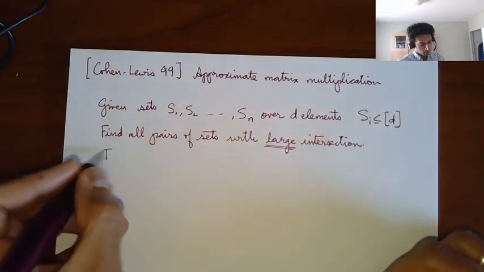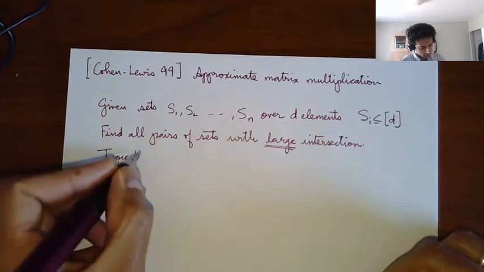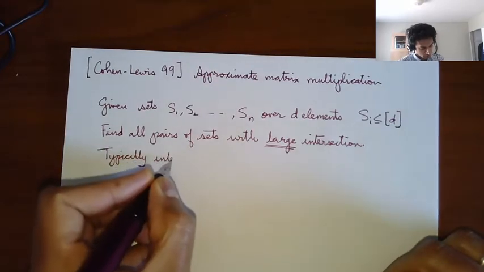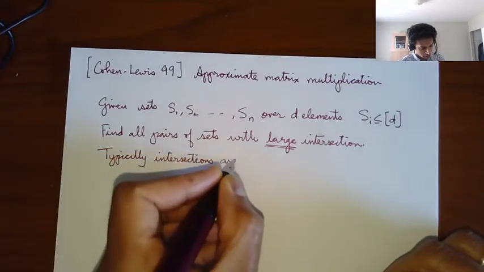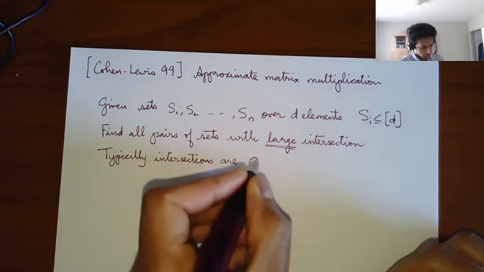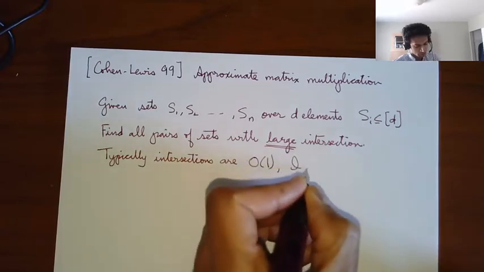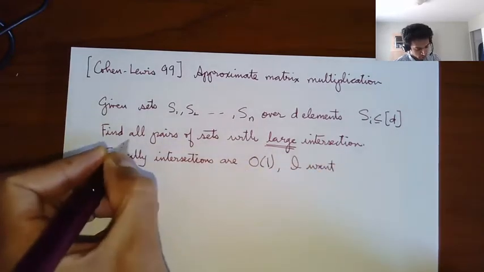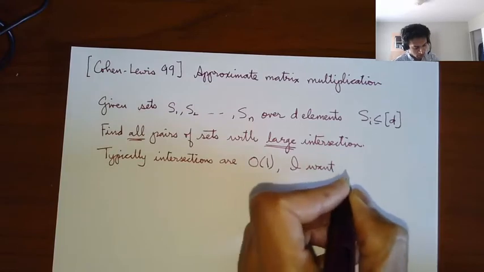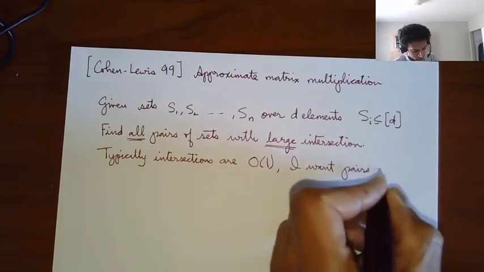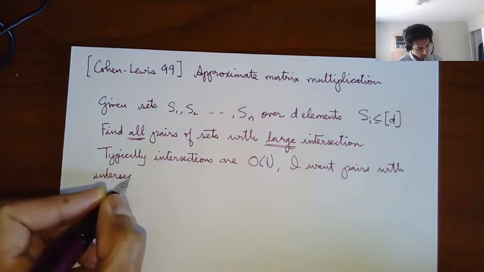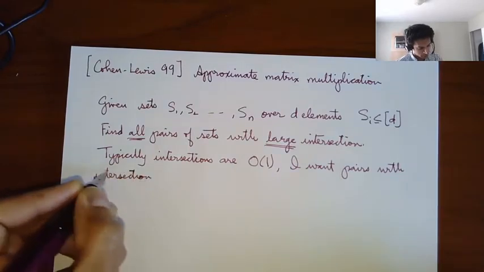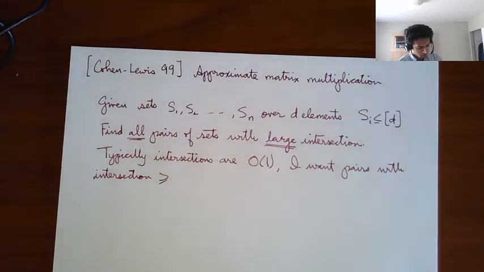But maybe I could say that suppose typically intersections are quite small, let's say O of 1, and I also said all pairs, right? I want pairs with intersection maybe more than some threshold.